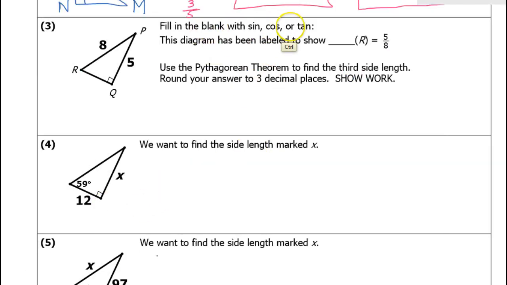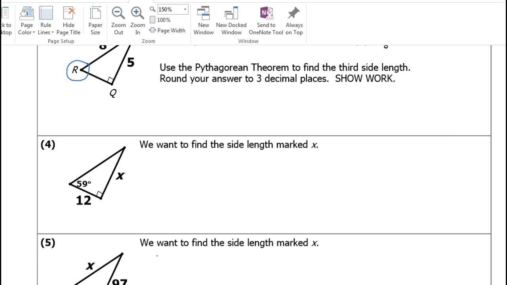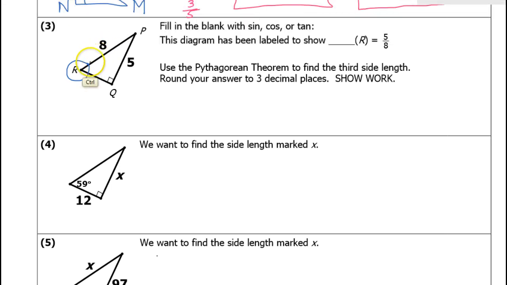For number 3, we first must fill in this blank with sine, cosine, or tangent. So is it the sine of angle R that's 5/8, the cosine of R, or the tangent of R? So we're dealing with R, so let's definitely go ahead and circle angle R, like we do. And then we like to label the sides, starting with the hypotenuse.